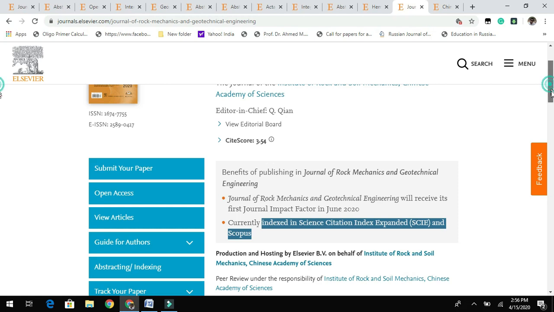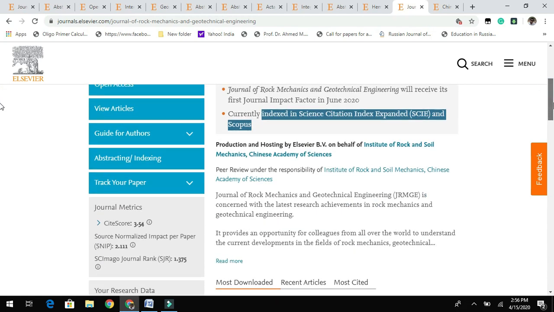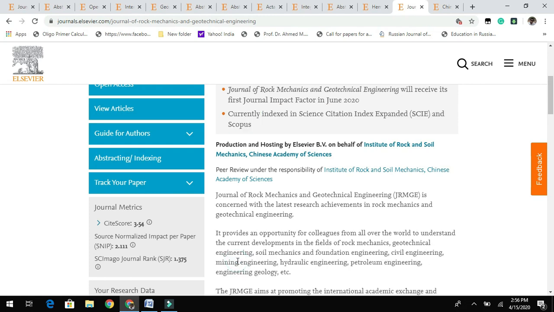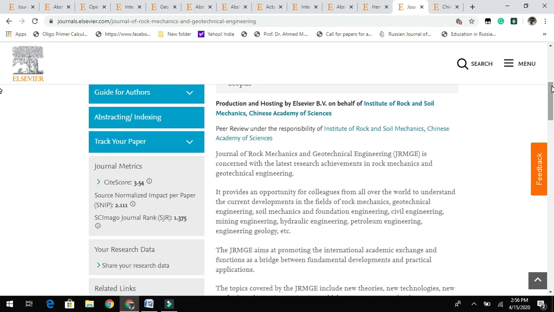Here you can see this journal is accepting research related to foundation engineering, civil engineering, mining engineering, petroleum engineering, etc.